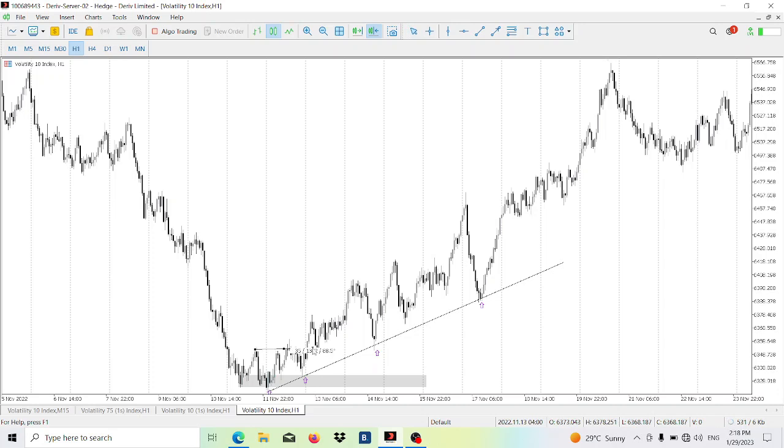You can clearly see that. This is what we call an uptrend, and within the uptrend we have impulse and corrective modes in the market.